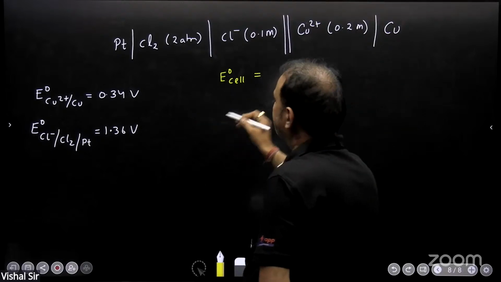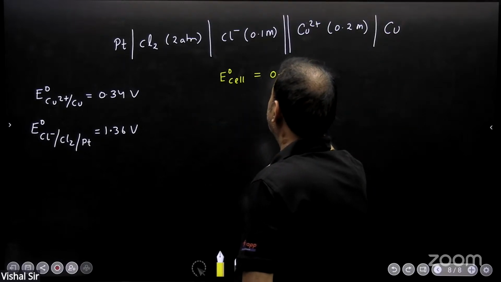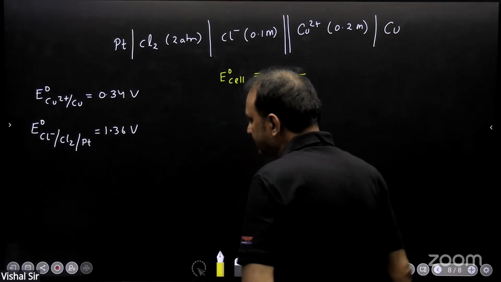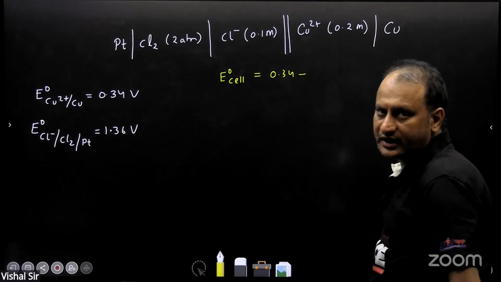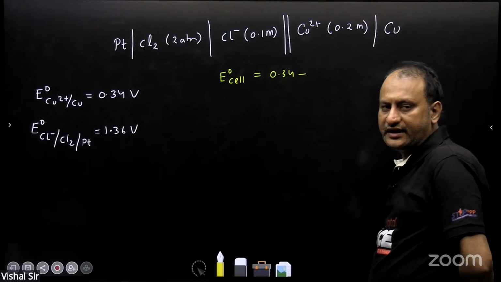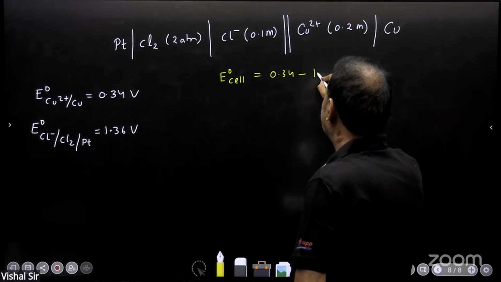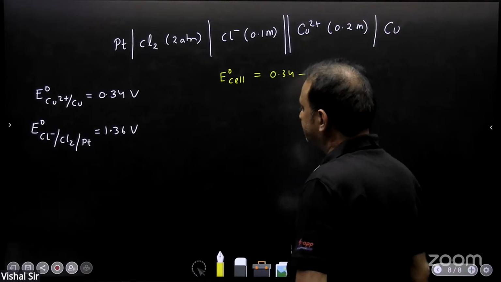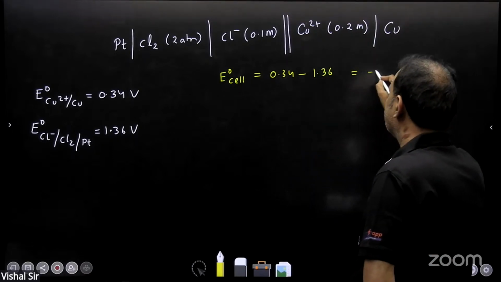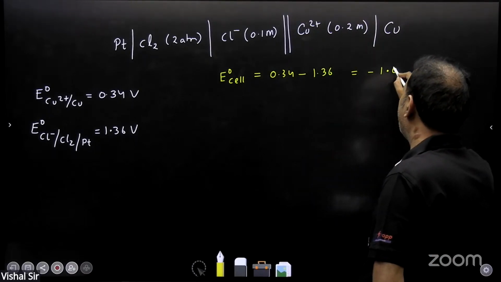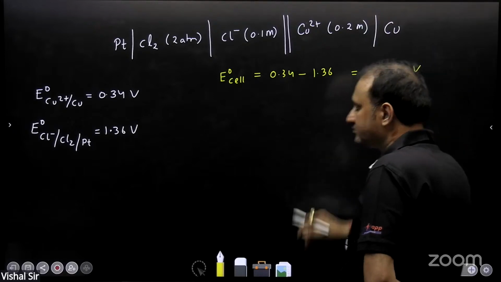So reduction voltage of copper 0.34 minus reduction voltage of chlorine 1.36 volt, which gives us minus 1.02 volt.